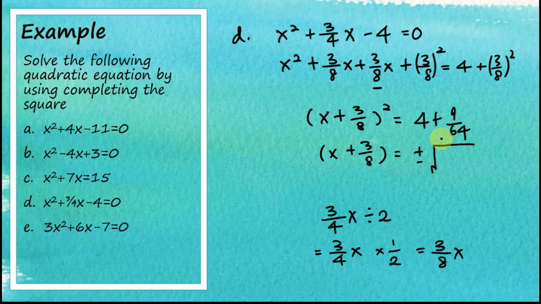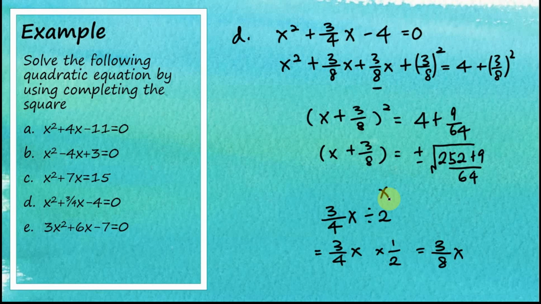Now to solve the equations that involve fractions, we need to have the same denominators for both numbers, okay? So therefore this becomes 256 plus 9/64, okay?